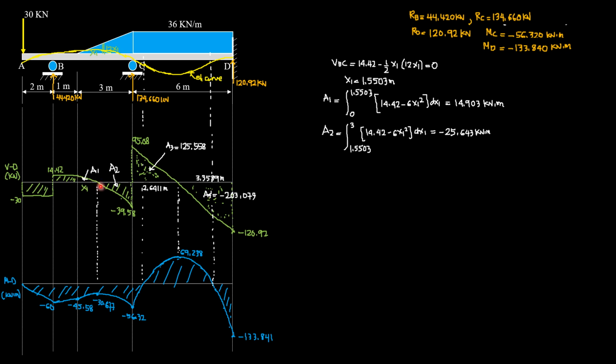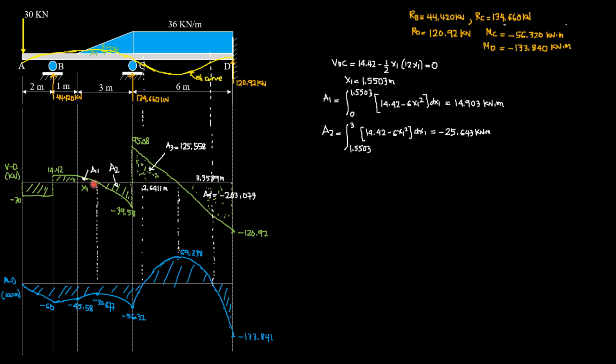Although this area 1 here can be solved by just area of parabola, which is 2/3 base times side. But for area 2, we can analyze this, but the best way is to use the shear equation and use integration to compute for the area, the better, because your calculator is capable of computing areas by integration.